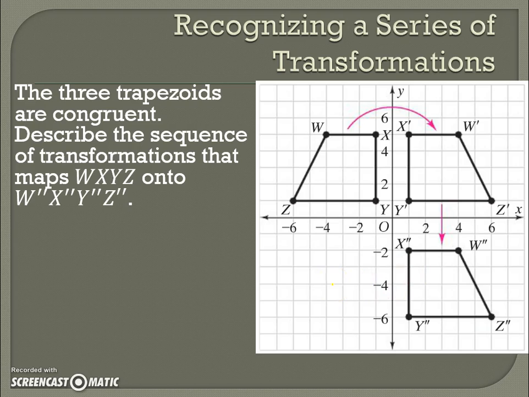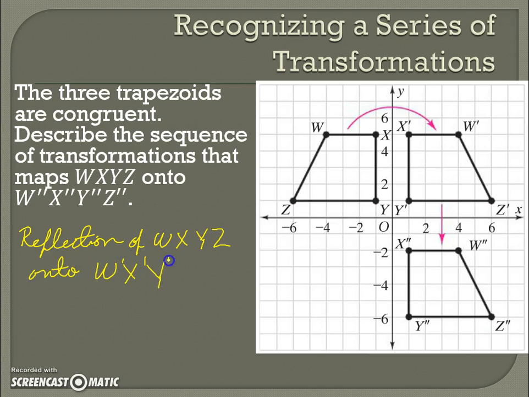All right, so the first thing is I would say a reflection. This flips over here. So reflection of WXYZ onto W prime, X prime, Y prime, Z prime. That would be the first step.